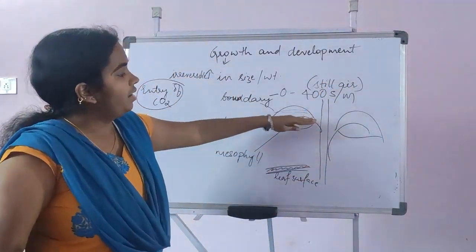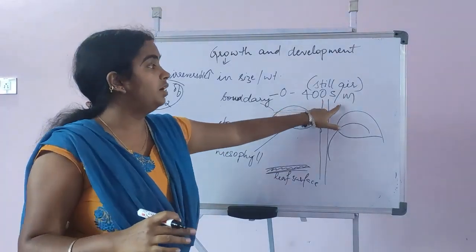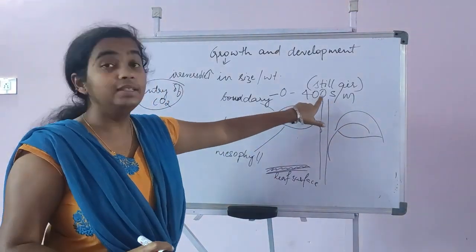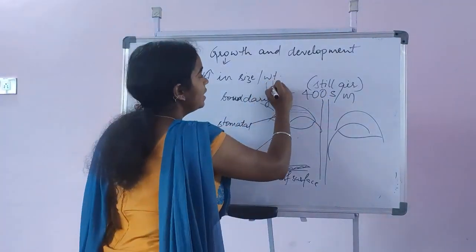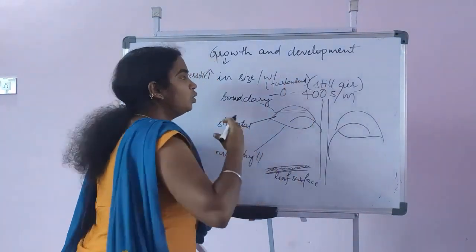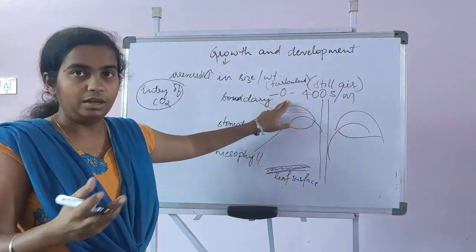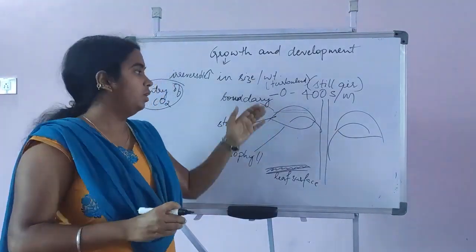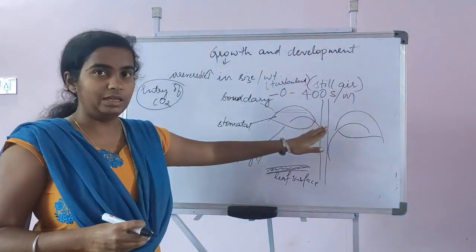If the boundary layer air is still, then this resistance will be offered by the boundary layer. If the air is turbulent and it is moving very fast, then the carbon dioxide requires no time to pass into the boundary layer. I hope this is clear.